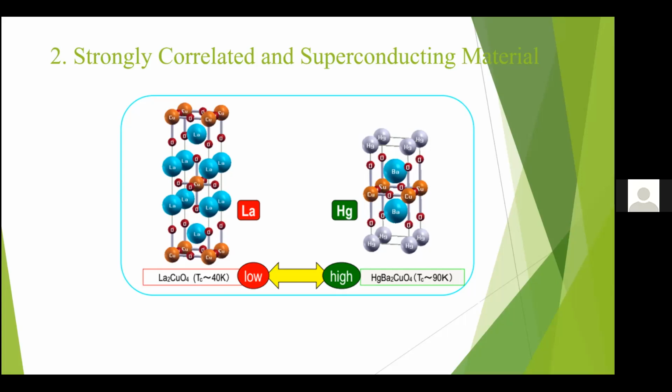TC of the lanthanum compound is about 40 Kelvin, and mercury has a TC higher, about 90 Kelvin. The lithium compound has a lower TC because it is actually the d-orbital contributing near the Fermi level.